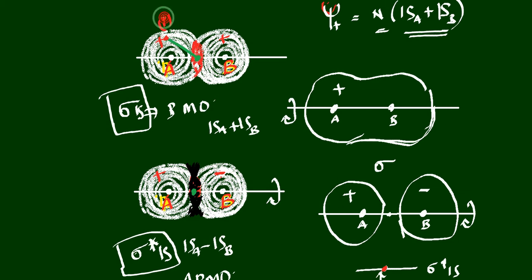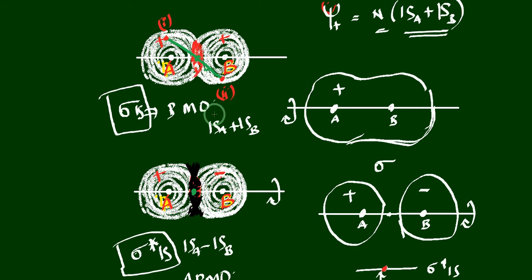Then I am going to extrapolate this line to the other side, to the same distance. Then it reaches this point, and let me call this point 2.